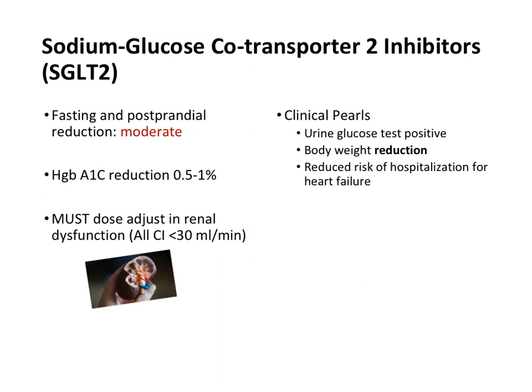They do have a nice side effect of body weight reduction, so that can be beneficial for patients. And in clinical trials, they reduce the risk of hospitalizations for heart failure. So there are some beneficial adjunct effects that happen with the SGLT2s that could benefit a lot of patients.